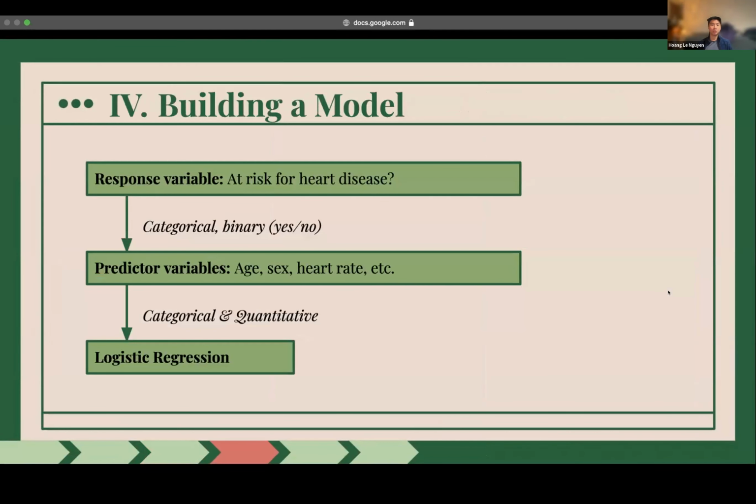Then we move on to our model construction. We basically fit a logistic regression model to our variable of interest, which included both categorical and quantitative variables.